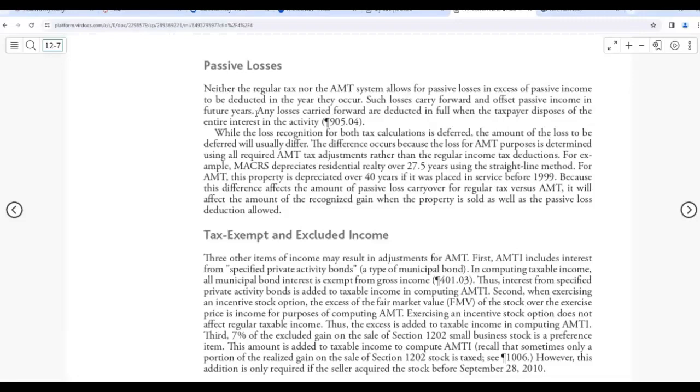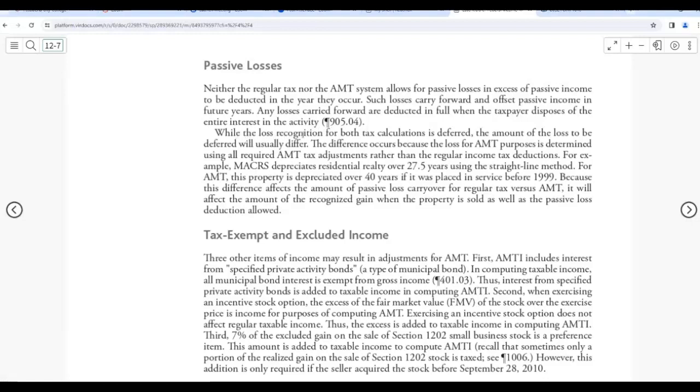So that passive loss you carry forward comes in handy one day when you have a portfolio income, something like stock investment income, and it will help you. Such losses carry forward and offset passive income in future years. Any losses carried forward are deducted in full when the taxpayer disposes of the entire interest in the activity.